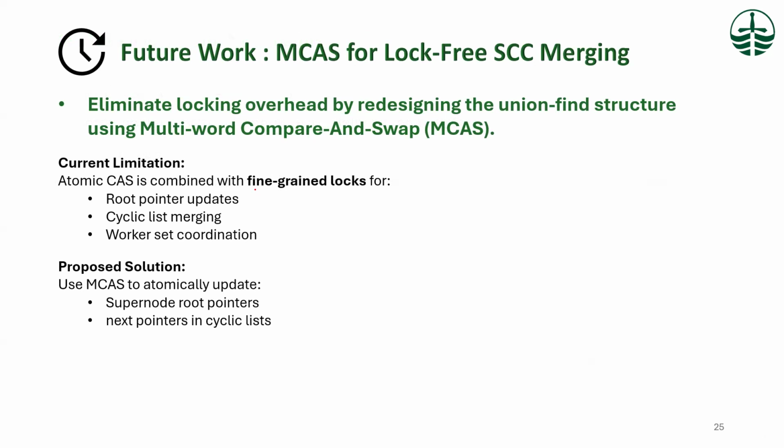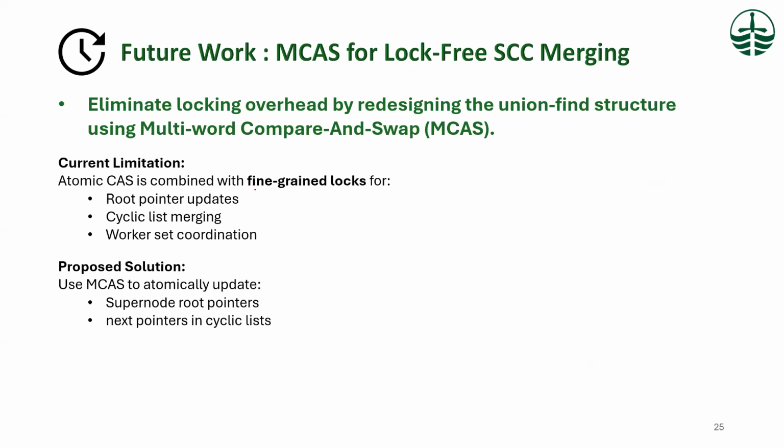Yeah. So one future work could be to use MCAS over CAS. In the current experiments, they have used atomic compare-and-swap operations with some fine-grained locks. If we read the paper, we will see it in Algorithm 5. They did the root pointer updates, cyclic list merging, and worker set coordination with CAS and sometimes fine-grained locks.